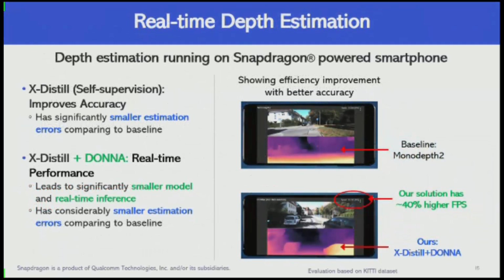We show that we provide a very similar accuracy to our baseline models, but about 40% higher frames per second throughput, with basically no accuracy loss. If you have been to our booth the past few days, you've probably already seen this demo on a Snapdragon-based mobile phone.